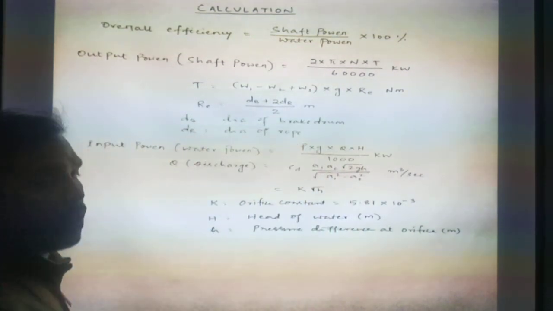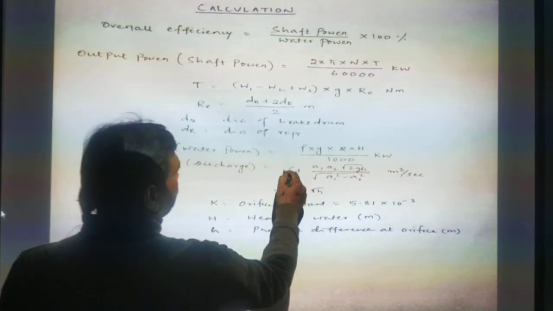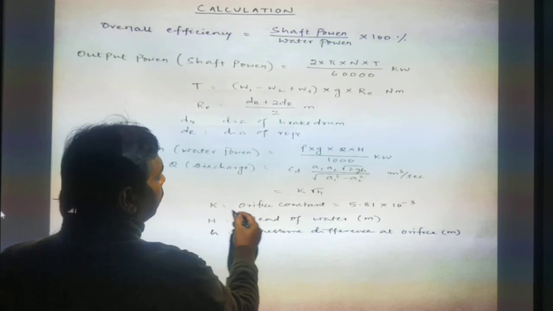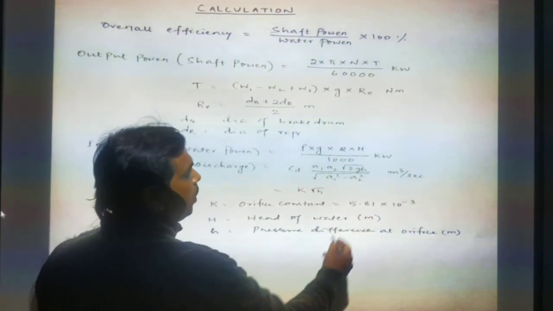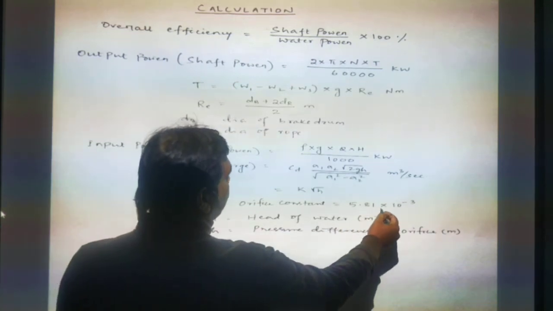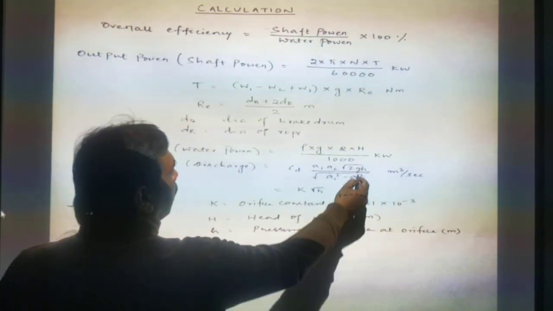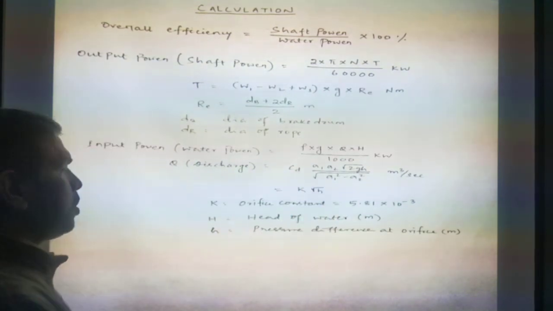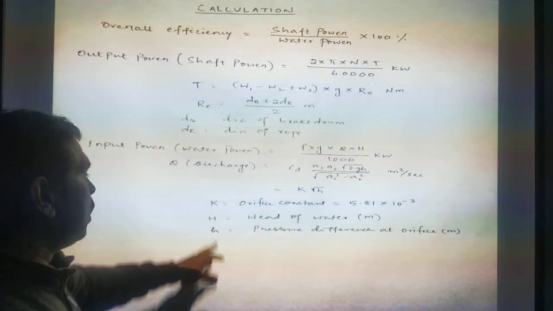This is a constant for the orifice meter, no? So this portion is converted into K. This is the orifice meter constant, and we calculated this and found that the value is 5.81 into 10 to the minus 3. And here is root over H, the pressure difference of the orifice meter.